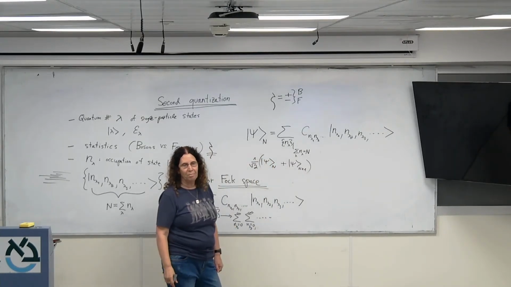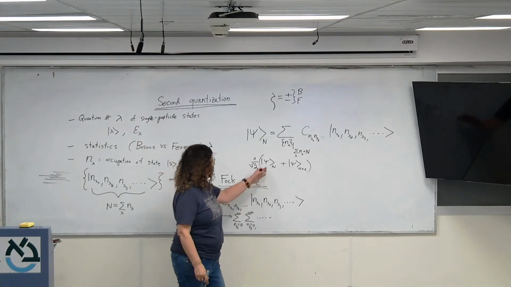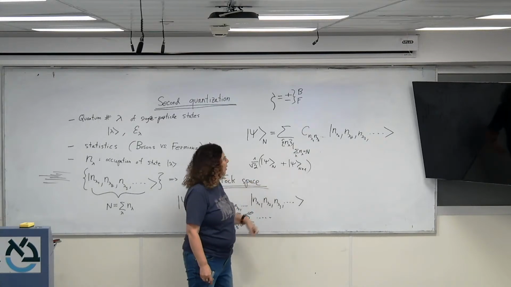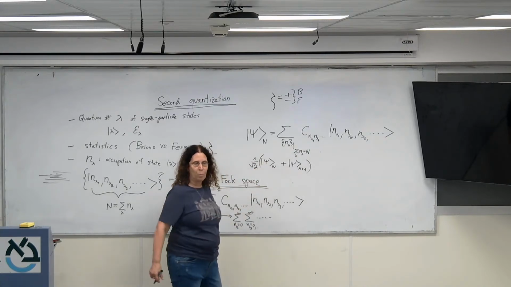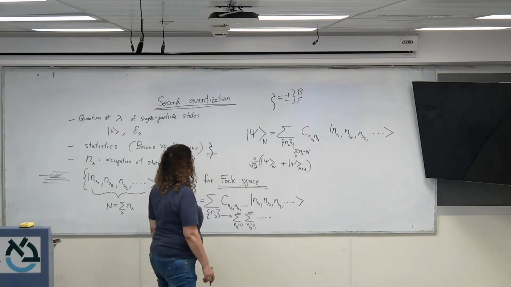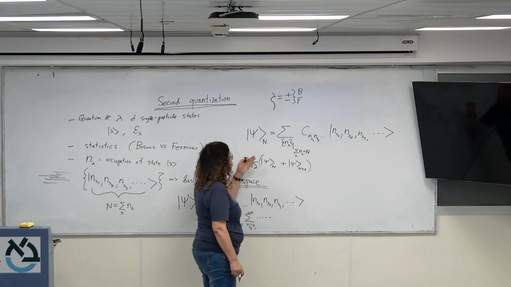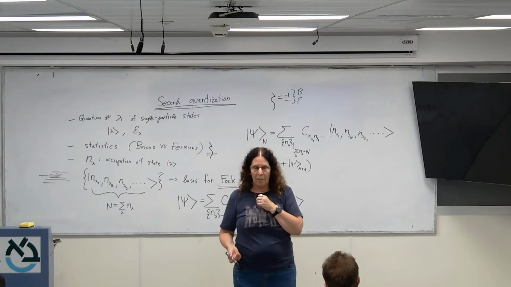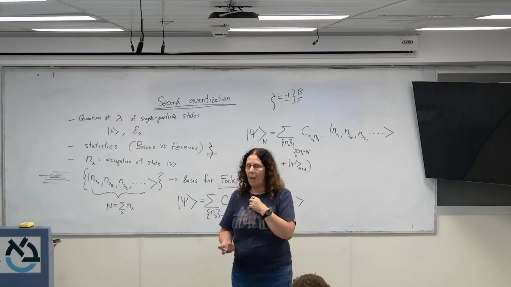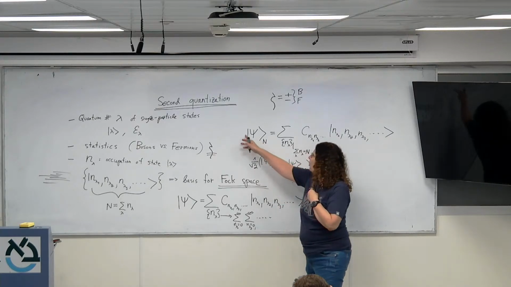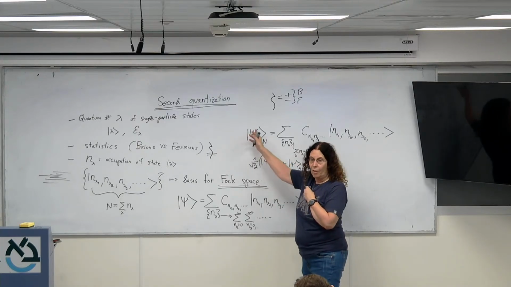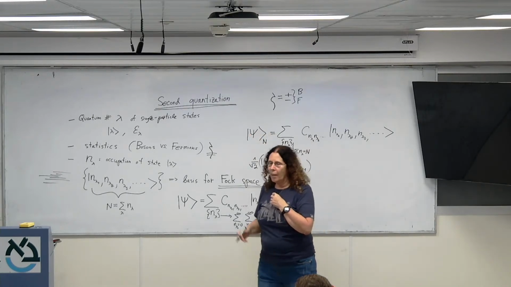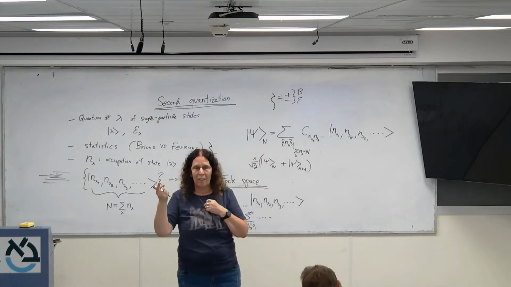What does it mean? It's a superposition of a state with n particles and n plus 1. Okay? In this case, it's an equal superposition. If I want to look at some physical quantity, for example, the number of particles: the states with well-defined n are eigenstates of the number operator, okay?